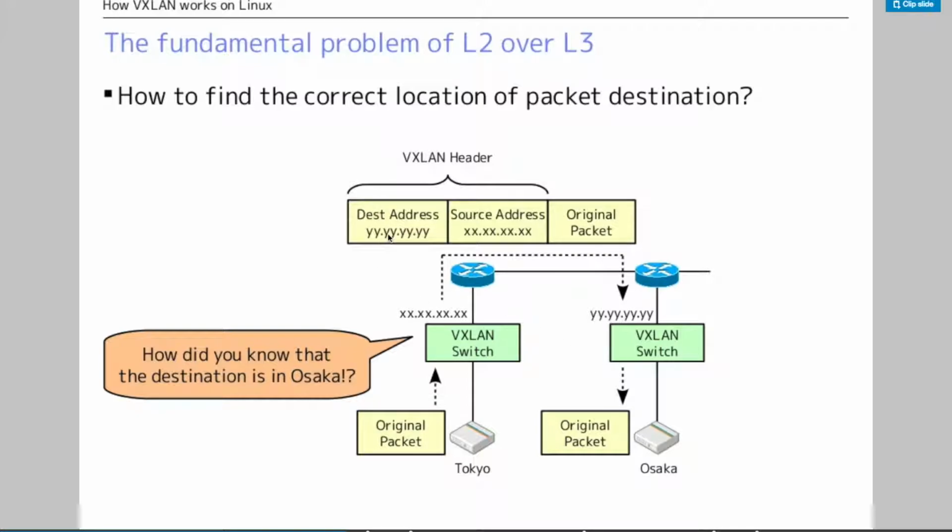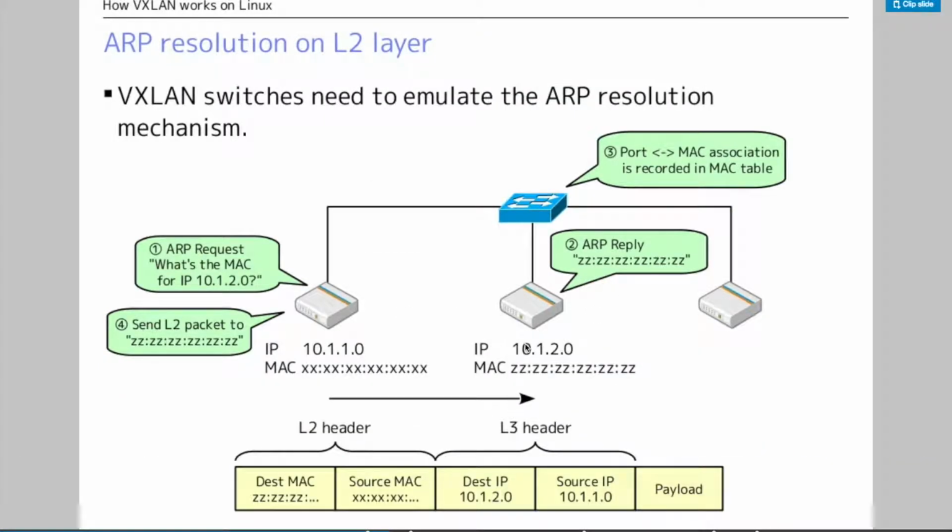So how do you know the destination address YY is in Osaka? So we need an ARP, right? ARP resolution on layer 2.